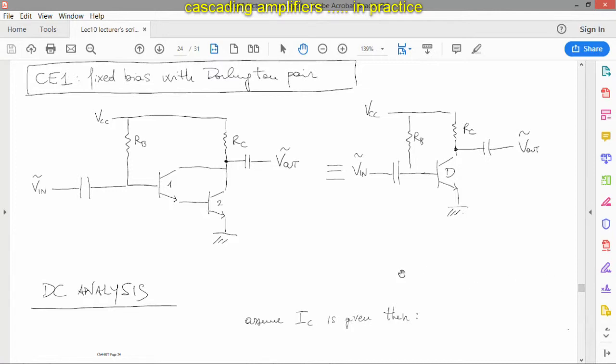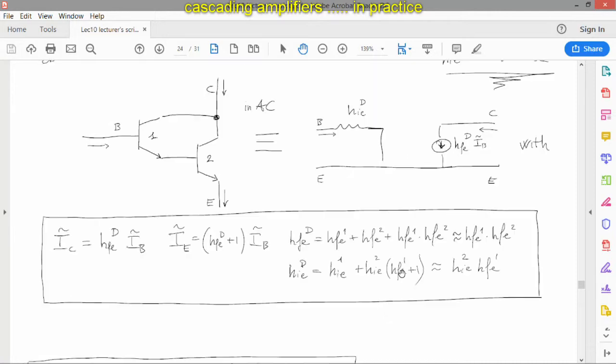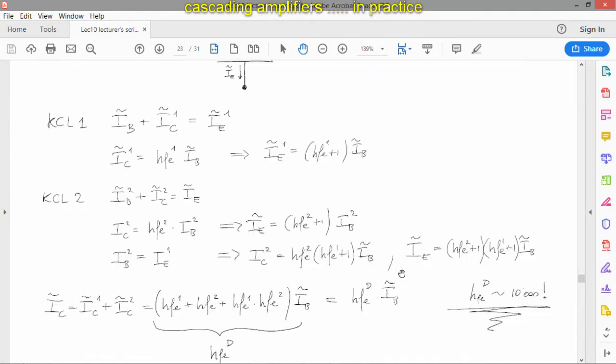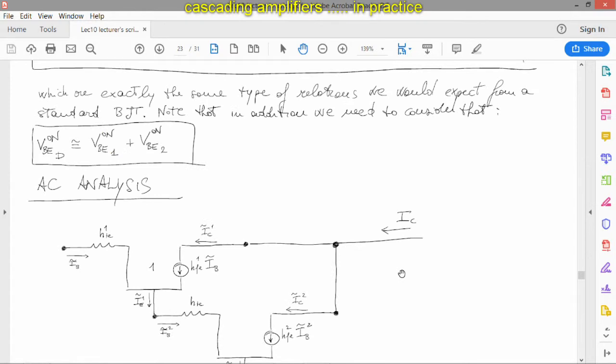So I could use it with all the amplifiers we've seen up to now, replace the BJT with a Darlington pair. And you will get, obviously, a much stronger amplification.